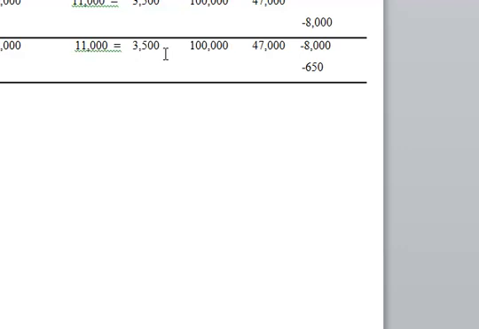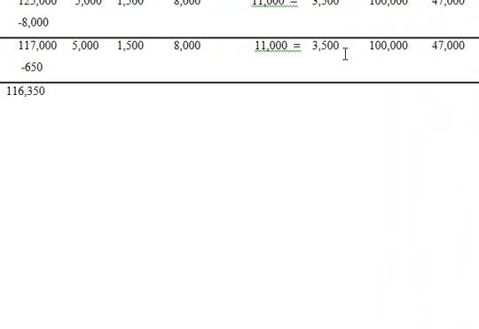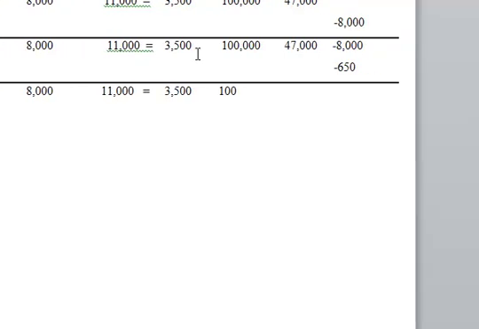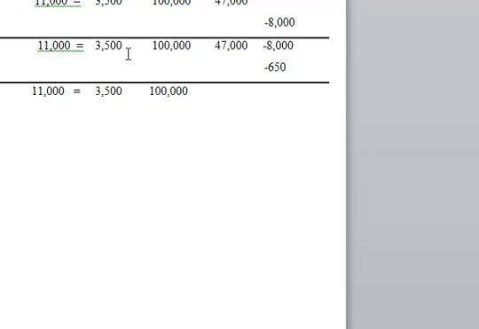So we started with $117,000 in cash. We wrote a check for $650, so we're going to have $116,350 left in the cash column, $5,000 in accounts receivable, $1,500 in supplies, $8,000 in prepaid rent, $11,000 in equipment, $3,500 in accounts payable, $100,000 in a capital account, $47,000 in the revenue account, and okay, expenses, we're going to add those two expenses together.